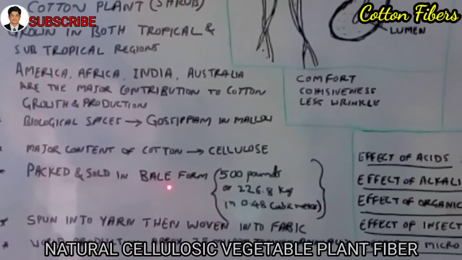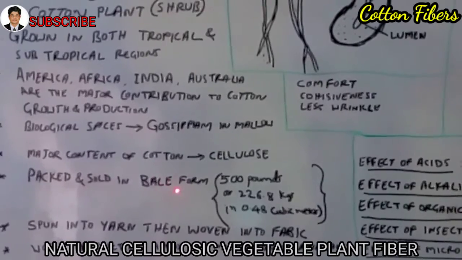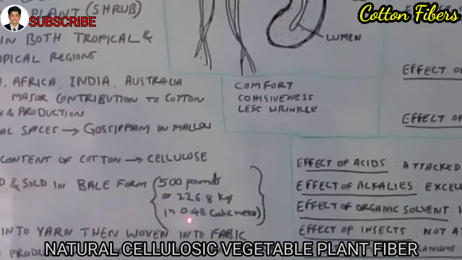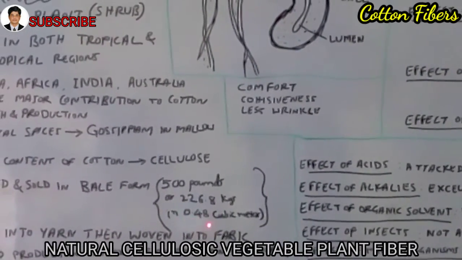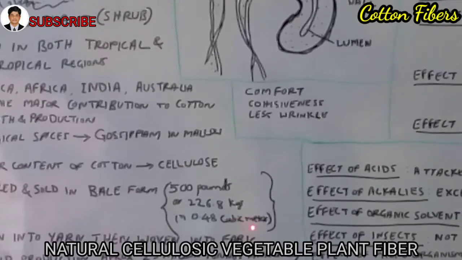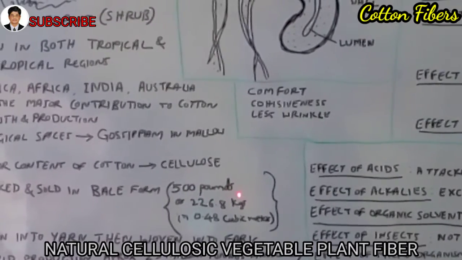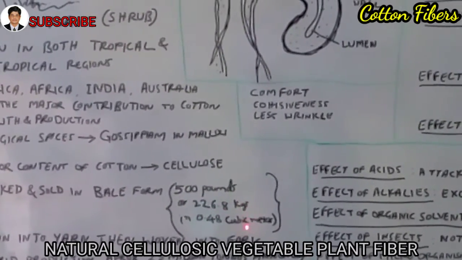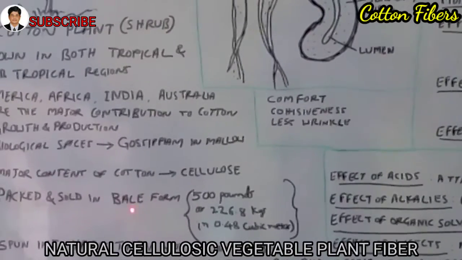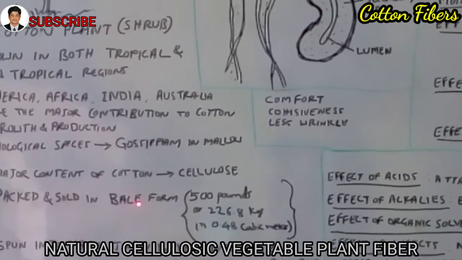A bale is an international package form for cotton, measuring about 0.48 cubic meters in volume, and the weight is on average 500 pounds in the British system and 226.8 kg in the MKS system. In the ginning mill, this raw cotton is purified into pure cotton.